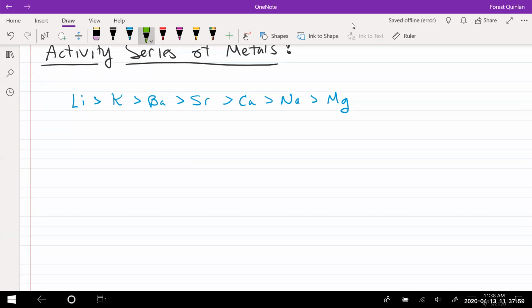I have another line here, and that would be that magnesium is actually more reactive than aluminum, which is more reactive than manganese, which is more reactive than zinc, which is more than iron, which is more than cadmium, which is more than cobalt, which is more than nickel, which is more than tin, which is more than lead.